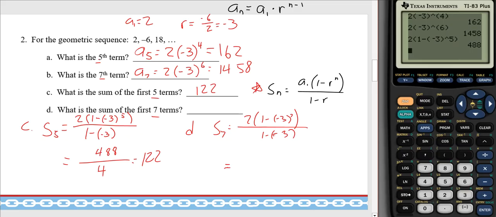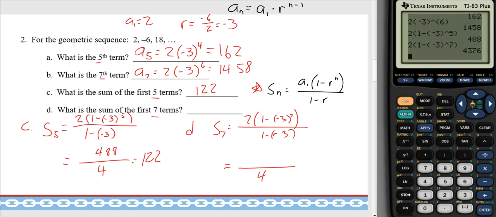I'm going to have a denominator of 4 again, and I'm going to type that into the calculator. Shortcut is second enter, which brings back up your previous input, and then I can just edit the 7. I get 4,376, and when I divide that by 4, I get 1,094.